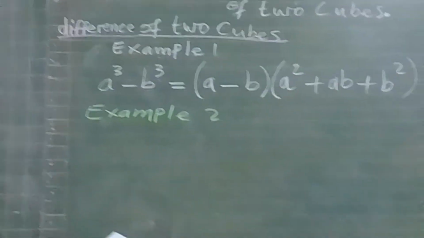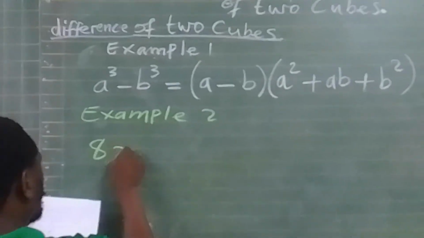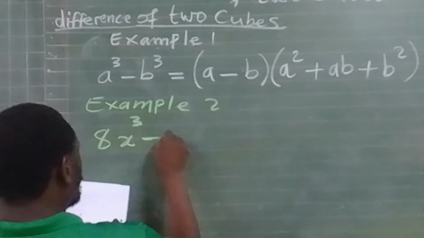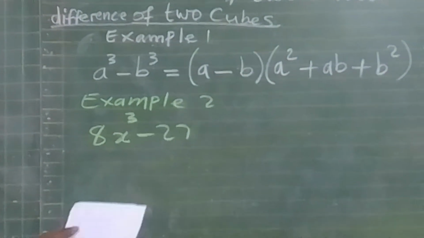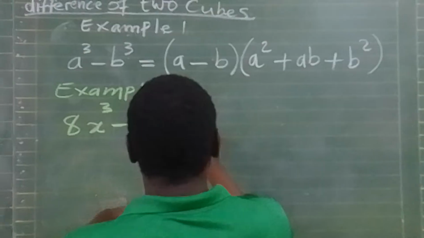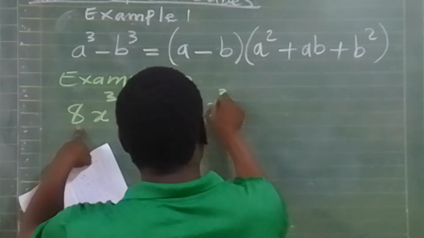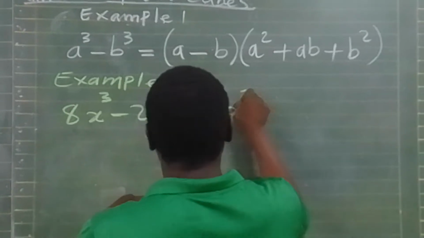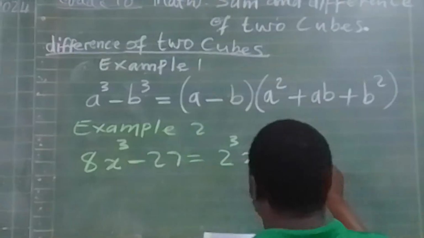Example 2 is going to be a little bit more challenging. It's 8x cubed minus 27. What do we do here? We're going to make sure that you arrange this 8 into a cube. Make sure you get a cube because we are dealing with the cube.